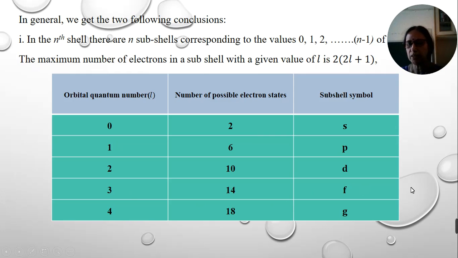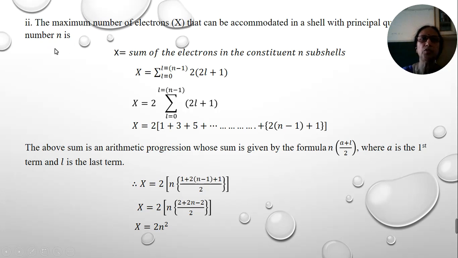Another conclusion made by Pauli's exclusion principle concerns the maximum number of electrons. I have denoted the letter X for it, just for calculation purposes. The maximum number of electrons that can be accommodated in each main shell with principal quantum number n is given by the algebraic sum of the electrons present in the subshells.